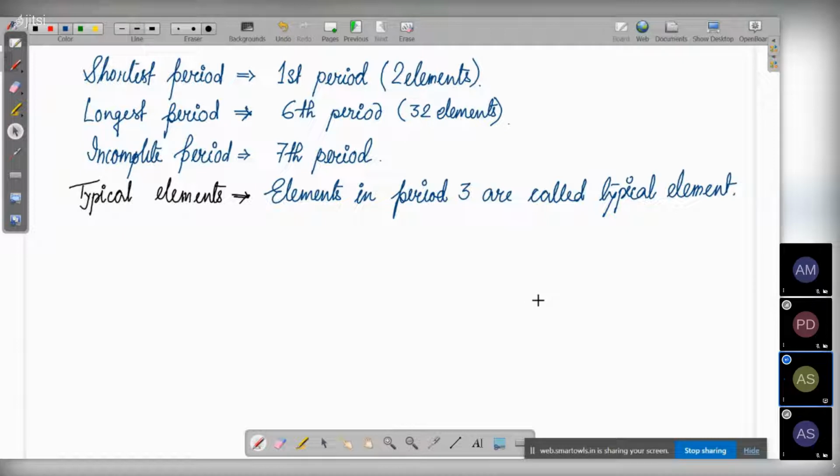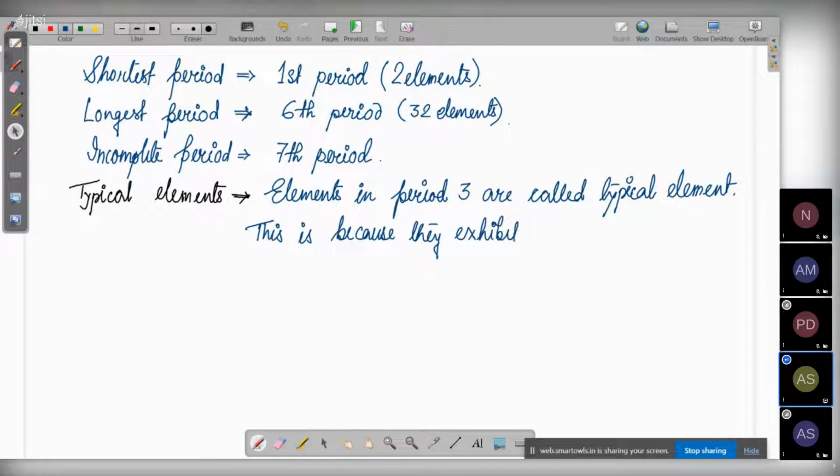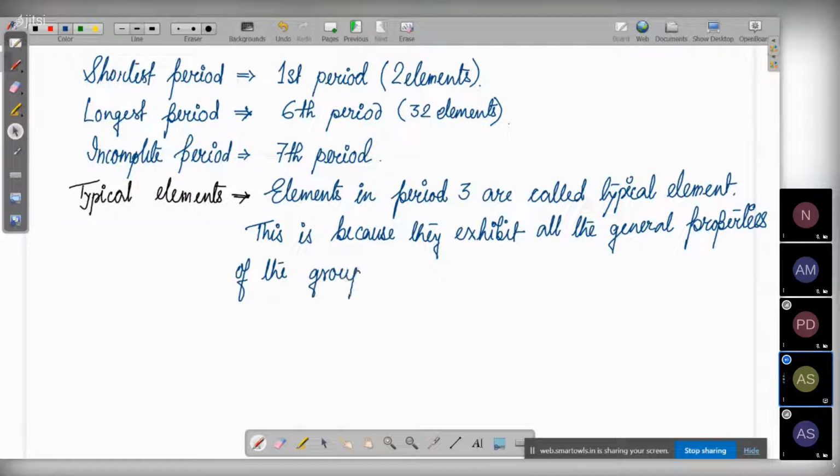Now why is it so? This is because they exhibit all the general properties of the group, all the basic chemical properties that are there in the group are exhibited by elements of period 3.